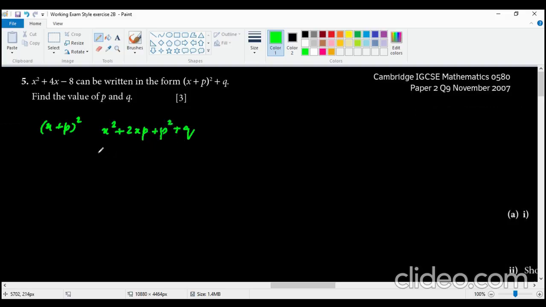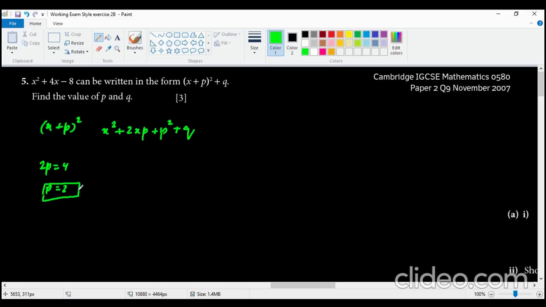Now, since 2p equals 4, as I can see, 2p equals 4, so p will be equal to 2.